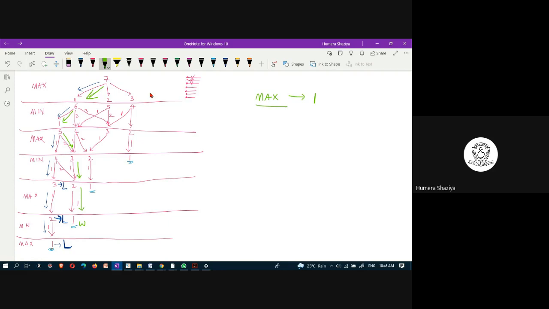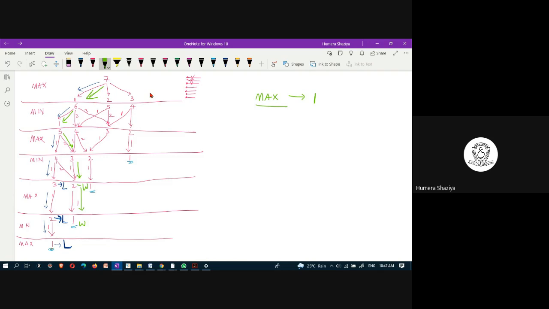And here, because there is a win for Max, here Max would win. Actually, Min loses only. But because we are playing with respect to Max, if we put L here, Max would get L at this non-terminal node.